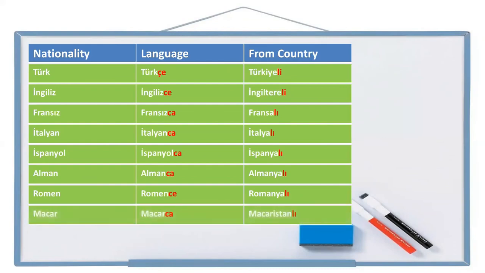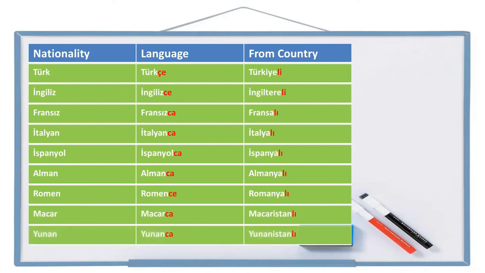Another one. Hungarian as a nationality is Macar in Turkish, and the language Hungarian is Macarca. The country Hungary is Macaristan, and from that country, Macaristanlı. Another one. Yunan is the Greek as nationality, and the language Greek is Yunanca.